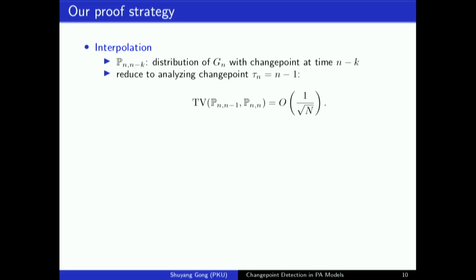Specifically, we need to show that the TV distance between each pair is little o of 1 over delta. Then by applying a data processing inequality, you can reduce to proving the bound for the change point occurring at time n minus 1. We need to show this TV distance bound.